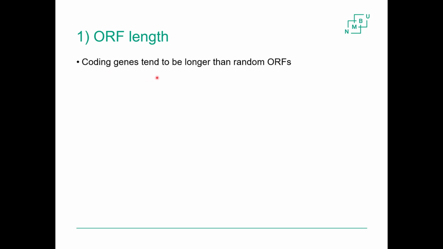Why is this important? It's important because real coding genes tend to be longer than any random ORF. So random ORFs follow a geometric distribution. And what is a geometric distribution? Well, we have talked about previously the binomial distribution and coin flipping, right?